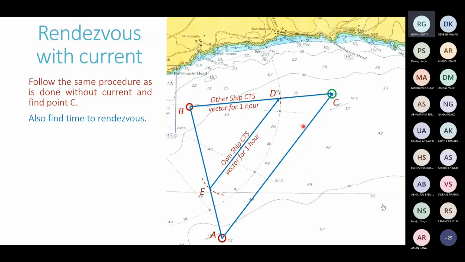You can measure distance AC and divide it by the engine speed of own ship, or the second option is you can measure distance BC and divide it by the engine speed of the target ship. Once we have the time to rendezvous, we can involve the current in our plot.